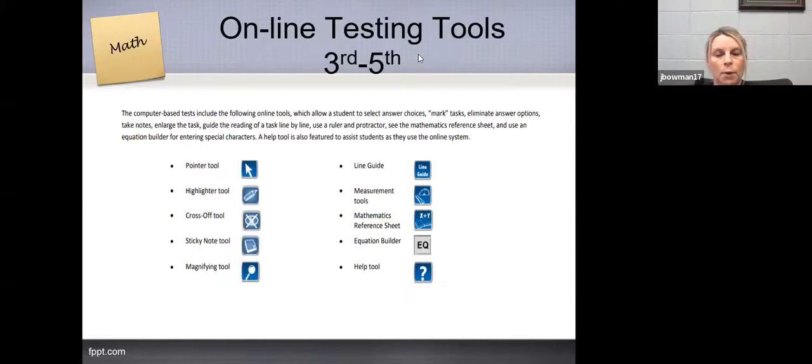And as Pam spoke about with ELA, it's the same with math. They've been working on this in the lab with Miss Stacy and Miss Stroud. The teachers have been going in there with the students. On the computer-based test, this includes the online tools, which allow students to select their answer choices.